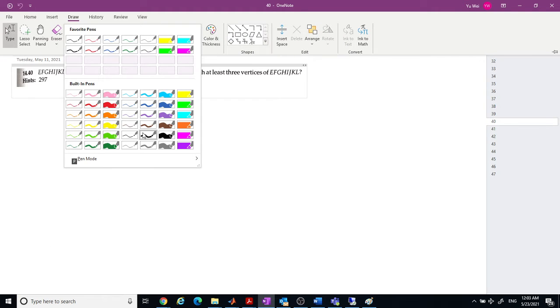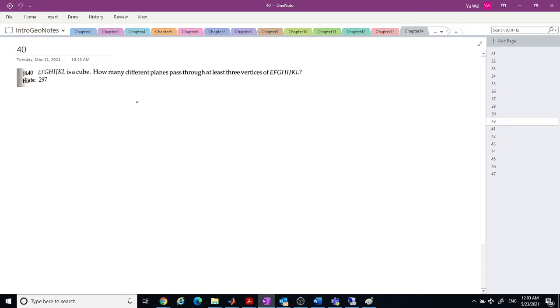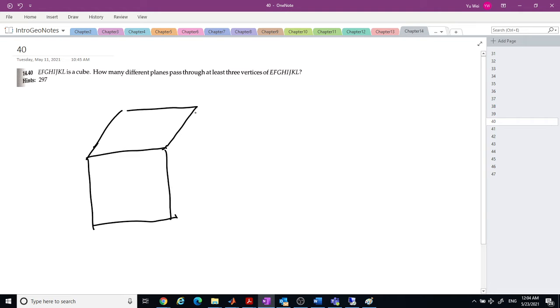Next. So the EFGH is a cube. So this is the cube, okay?